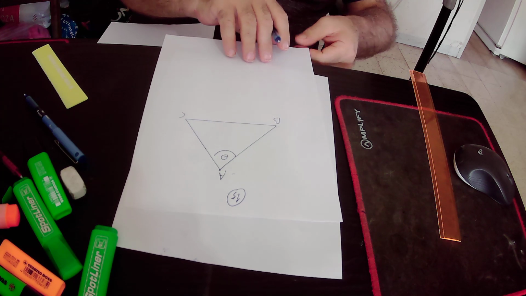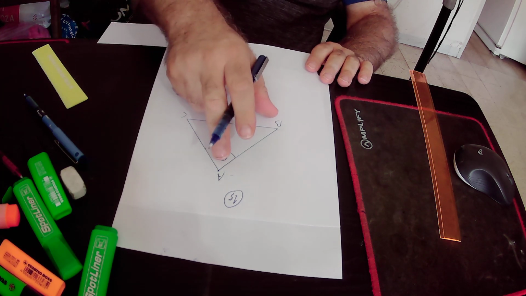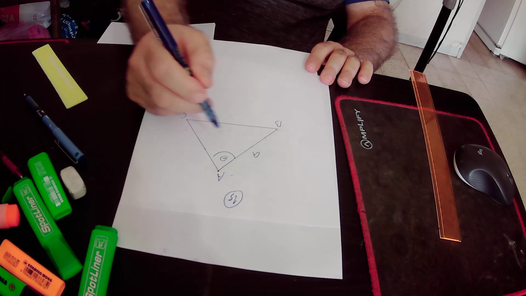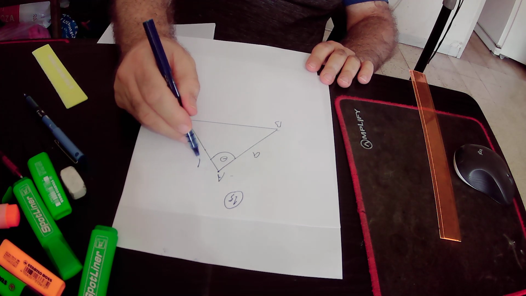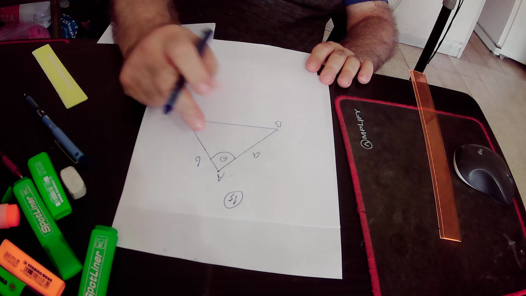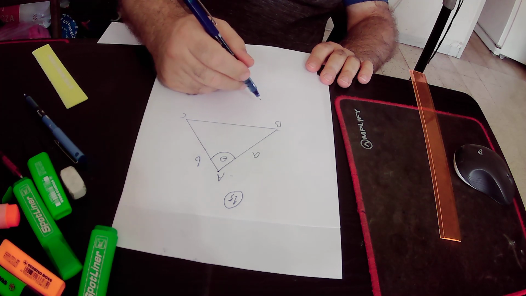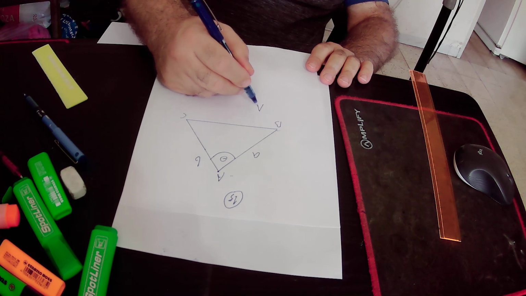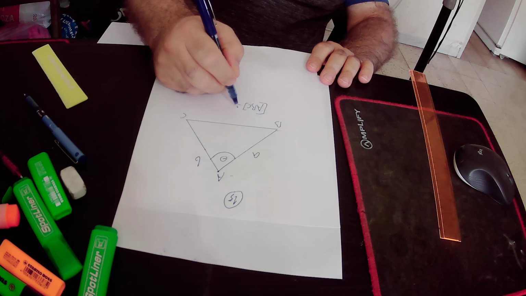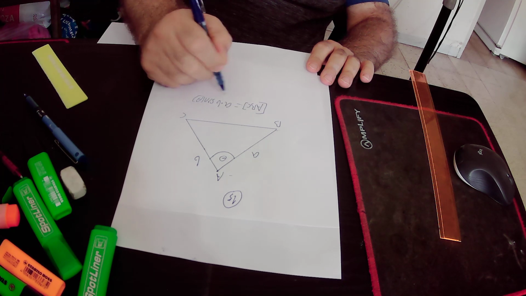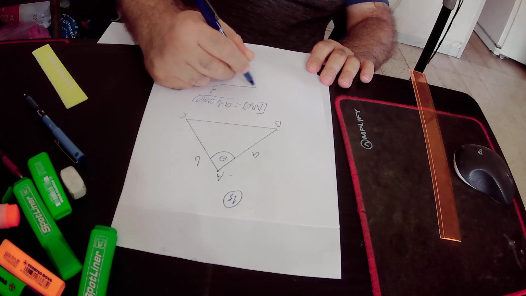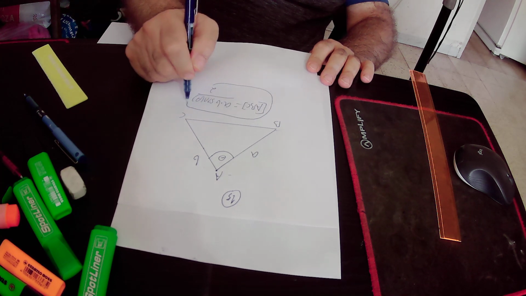So if we have triangle ABC and we know that the size of side AB is A, the size of side AC is B, and the angle between AB and AC is theta, then the area of triangle ABC is equal to A times B times sine theta over 2.